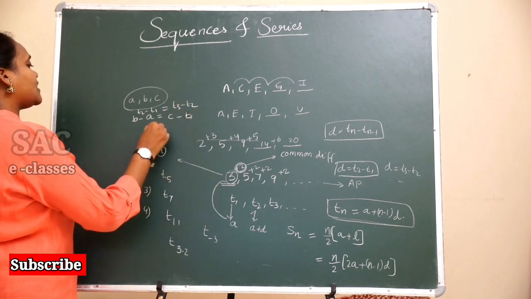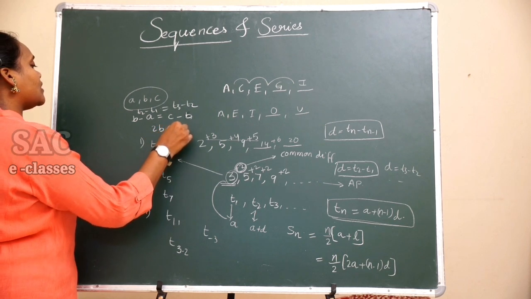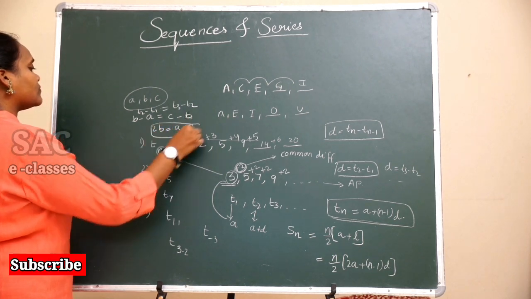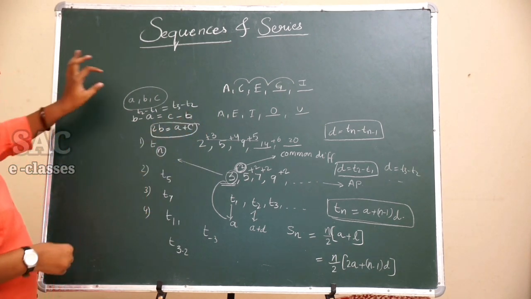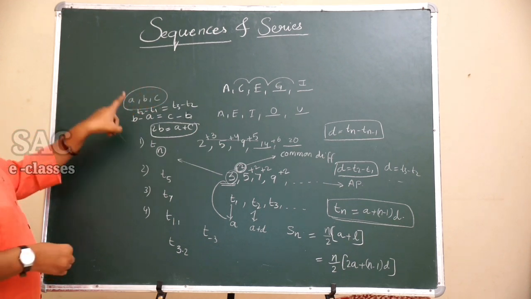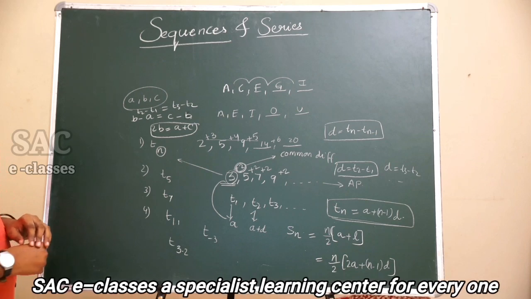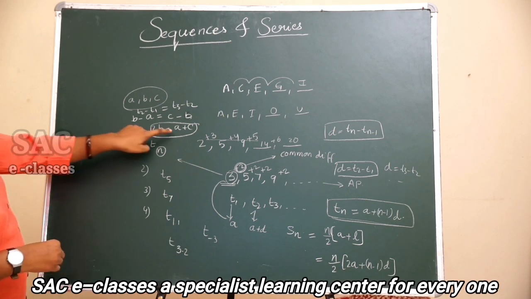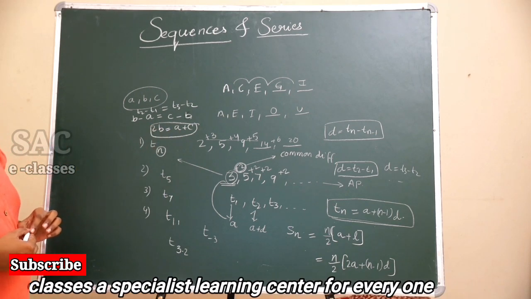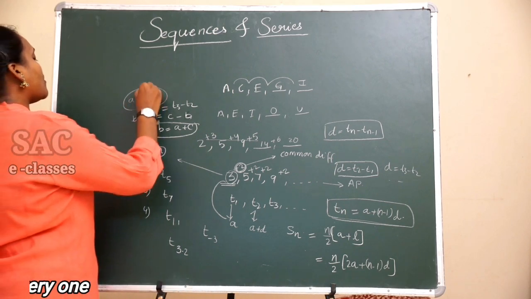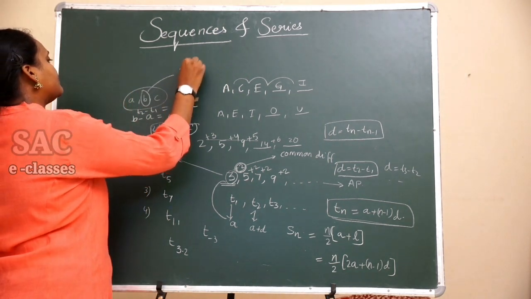So we can write it as 2B is equal to A plus C. That is the condition: if A, B, C are three terms of an AP, then obviously 2B is equal to A plus C, and here B is called the arithmetic mean.